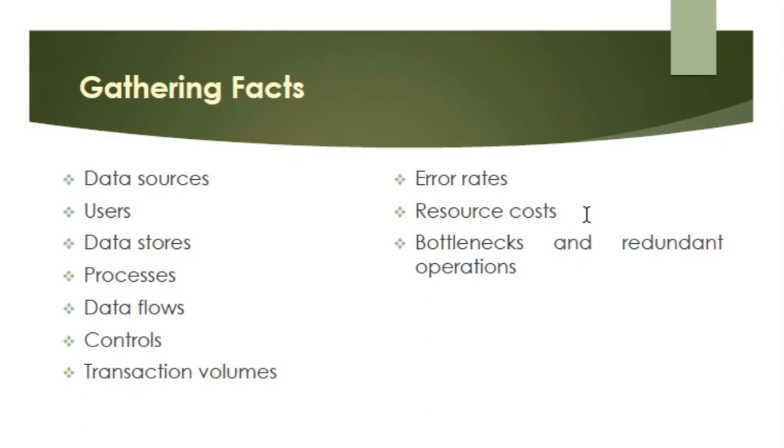These include external entities such as customers or vendors, as well as internal sources, which are from your other departments. Your system's facts may also include your users, which include both managers and operations users. They can also refer to your data stores, which are your files, databases, accounts, and source documents. Systems facts may also refer to your processes, data flows, controls, transaction volumes, error rates, resource costs, bottlenecks, and redundant operations.